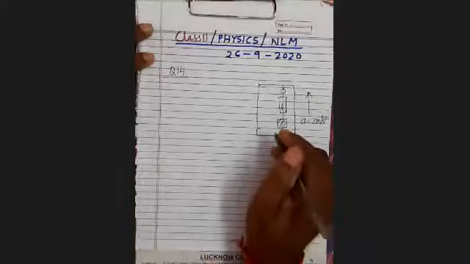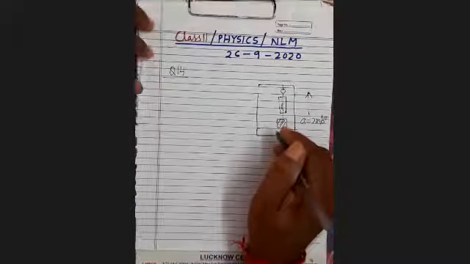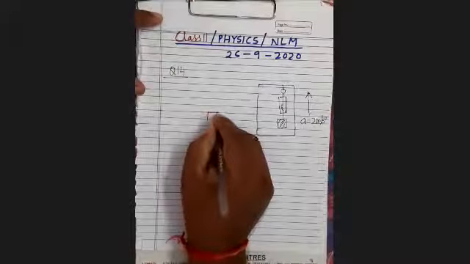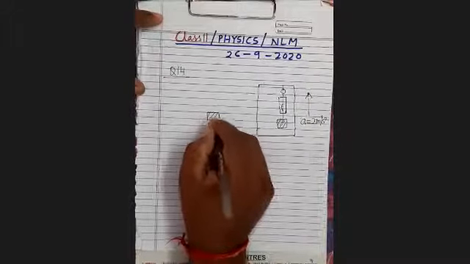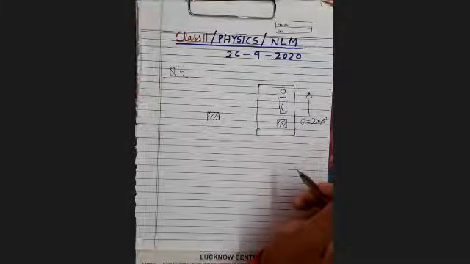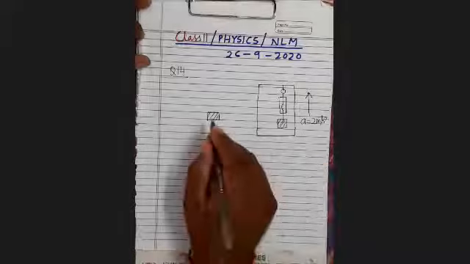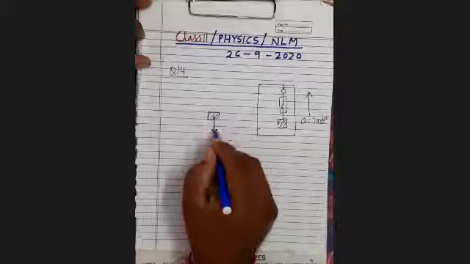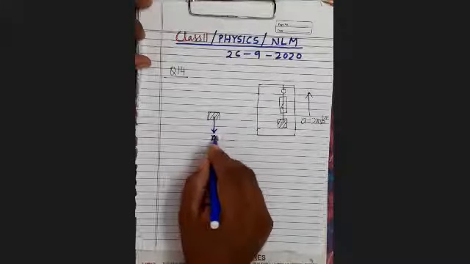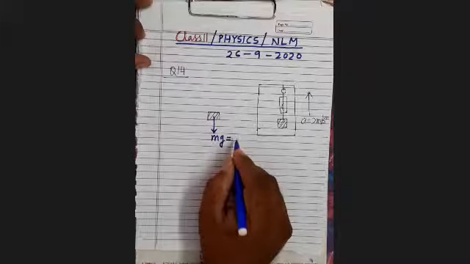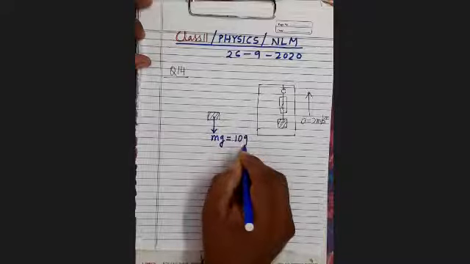If we make the free body diagram of this, it will be like this. Here the body is in an accelerated frame. Therefore, besides the existing forces, what are the existing forces? Its weight, which is acting vertically downward, mg, which is equal to 10 into g, since m is given as 10.